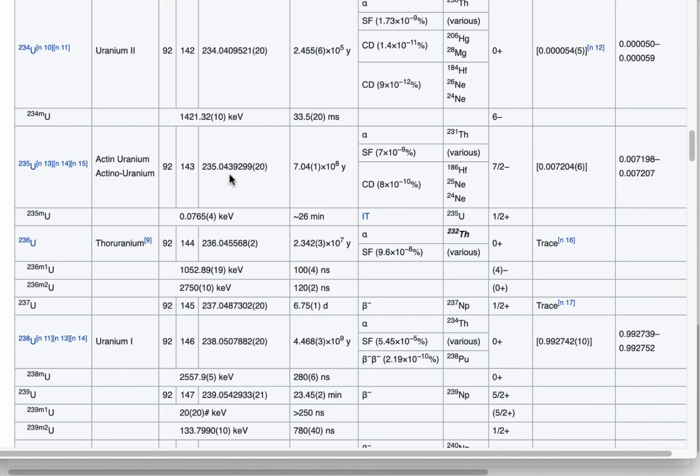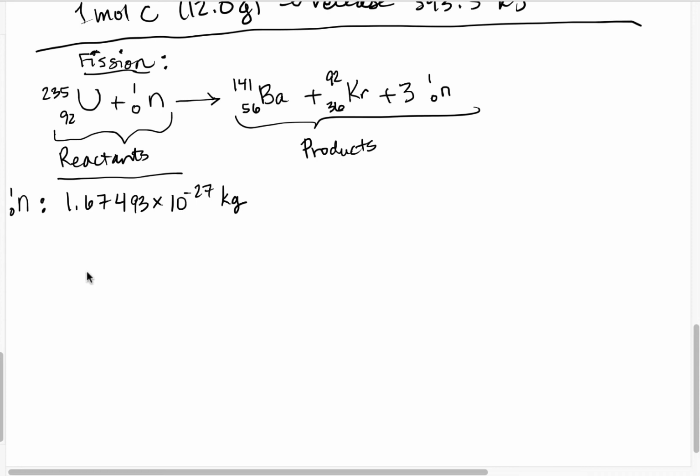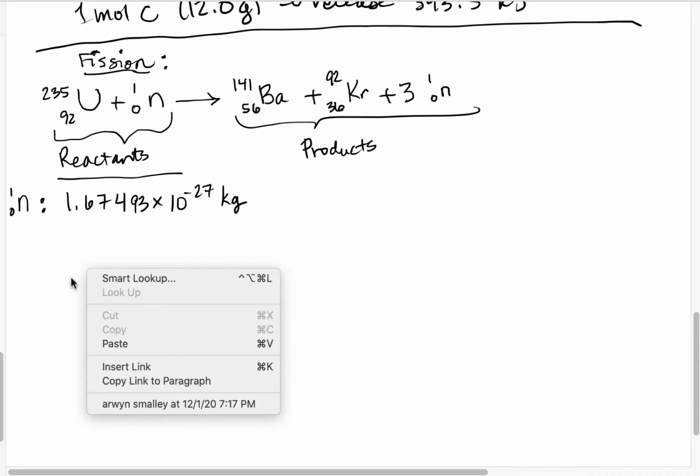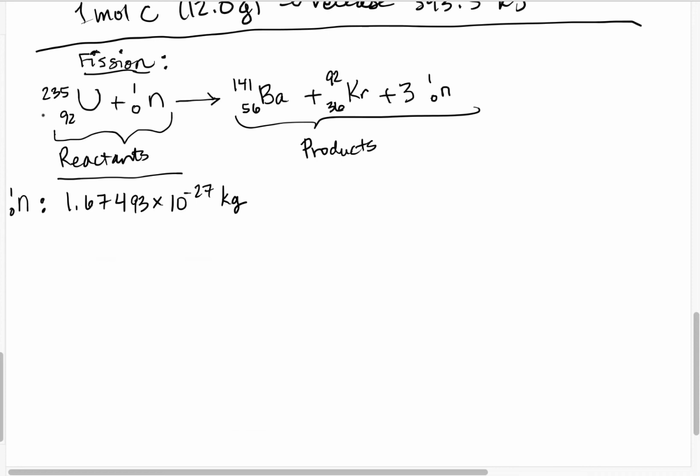So we have 235.0439299 grams per mole, and we need this in kilograms.